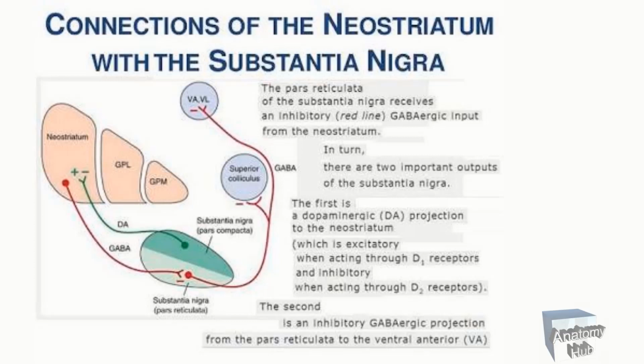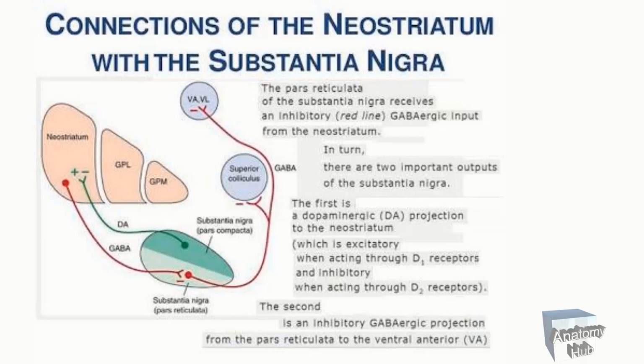The outflow from globus pallidus goes mainly to the thalamus, ventrolateral and ventroanterior nuclei. This occurs by way of 2 fasciculi: A, Ansa lenticularis looping round the posterior limb of internal capsule, and B, lenticular fasciculus traversing the internal capsule.